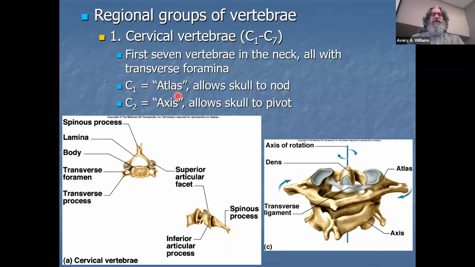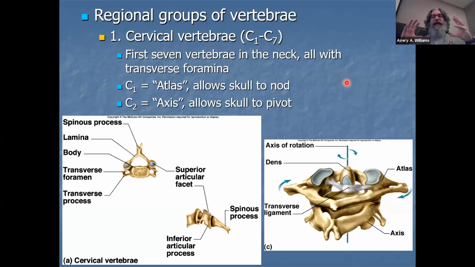C1 has a special name. They call it the atlas. You can see right here, this is the first one. Functionally, it's the vertebra that allows your head to nod, okay, move like this. And then C2 is called the axis underneath it. It allows the head to pivot, in other words, turn from side to side.